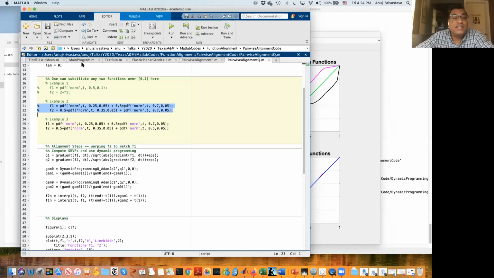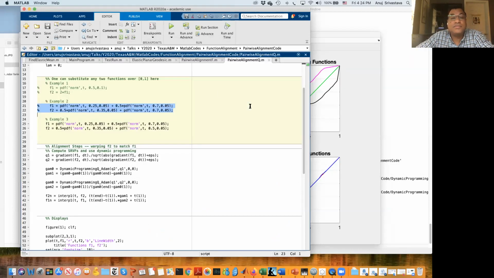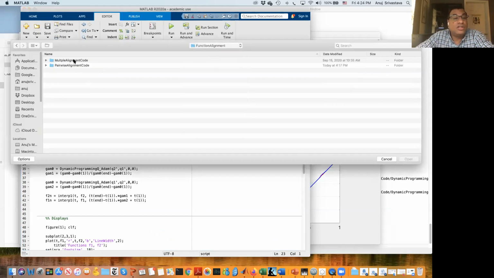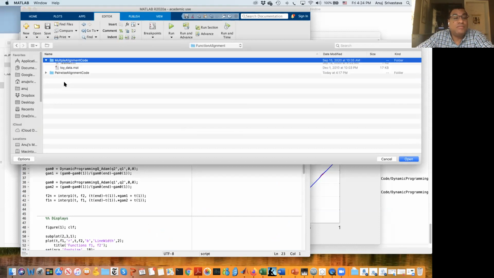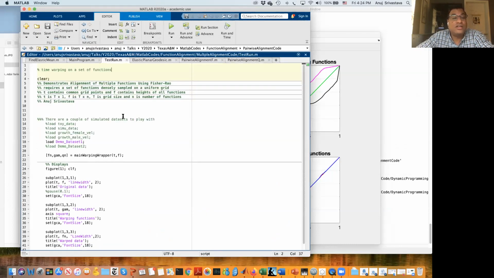But now I can do another case. I want to show examples of multiple alignment, if somebody gives us not two functions but many functions. In the other folder I have a code called test run, and a bunch of data sets are already loaded in there. You can just comment one in, comment one out.